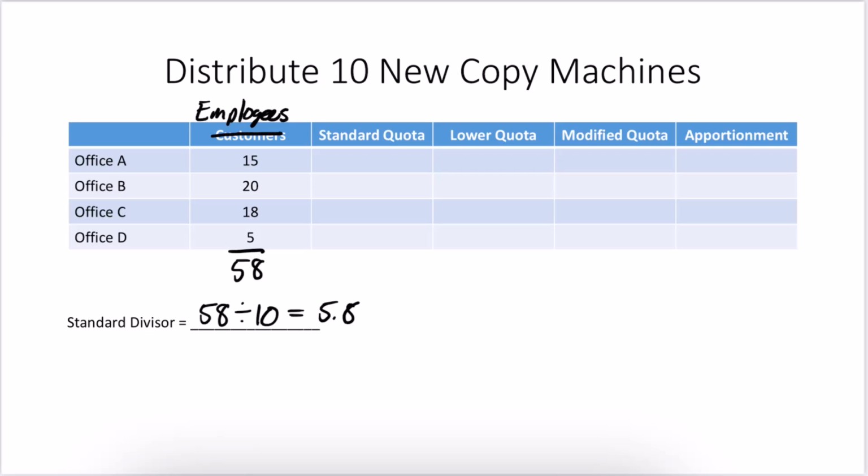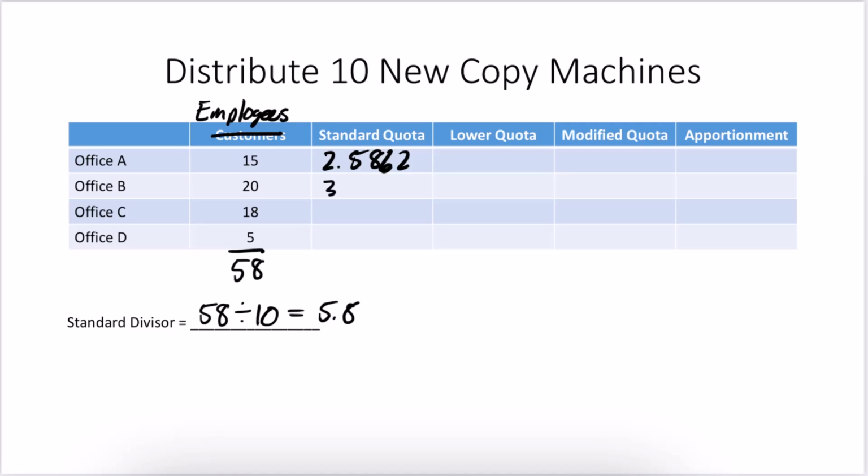And then I'm going to divide each one of the office employee numbers by this 5.8 to see how many copy machines should go to each office. So I'll do 15 divided by 5.8. That gives me 2.5862. Then I'll do 20 divided by 5.8.